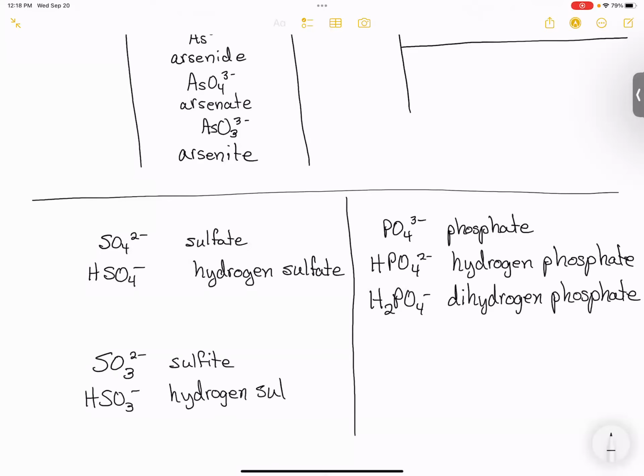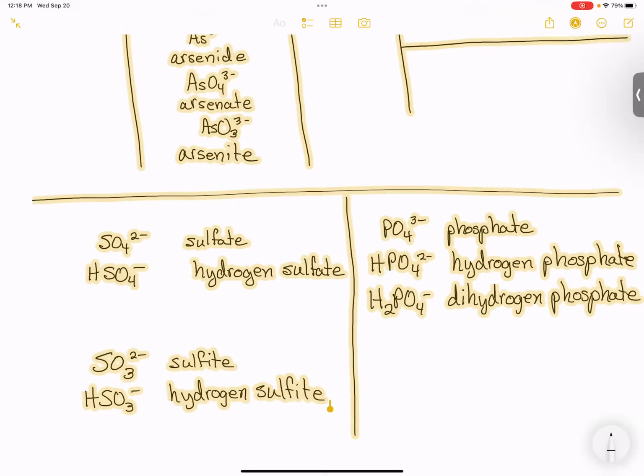And it would also be true for phosphite. So let's pick these apart. What trends do you notice?